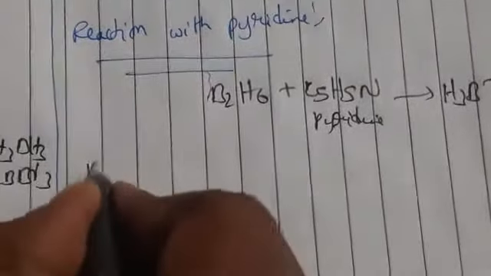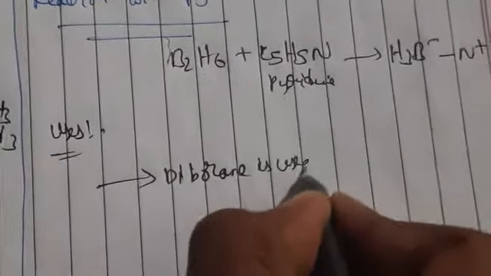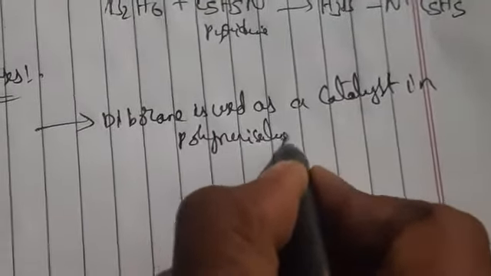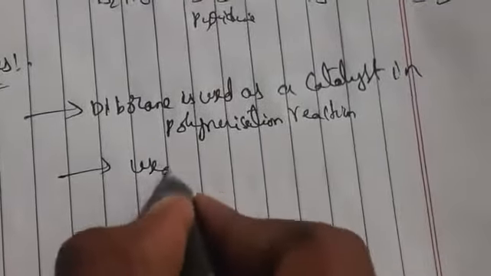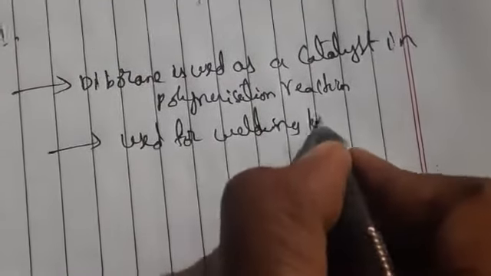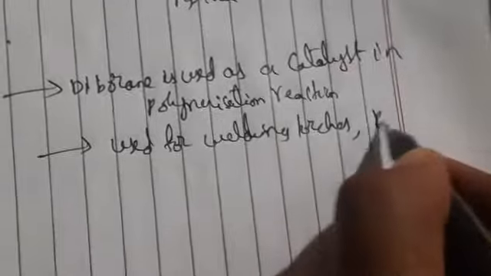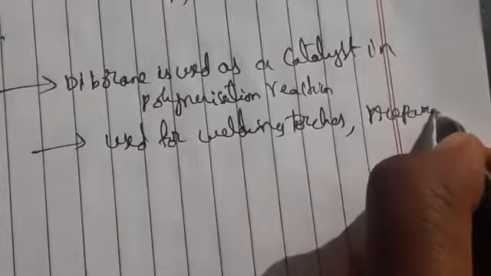So let us see the uses. Diborane is used as a catalyst in polymerization reactions, for welding torches, and for preparing rocket fuels.